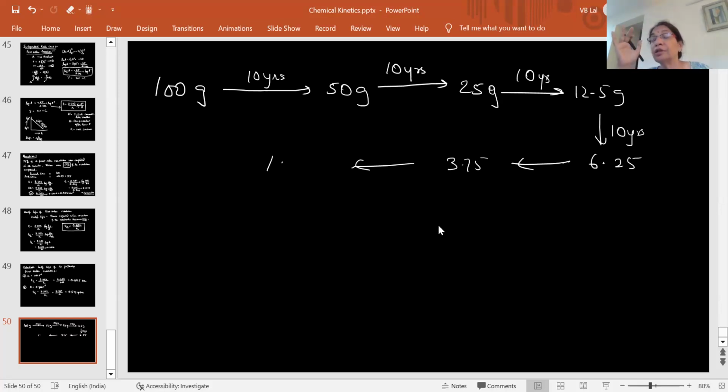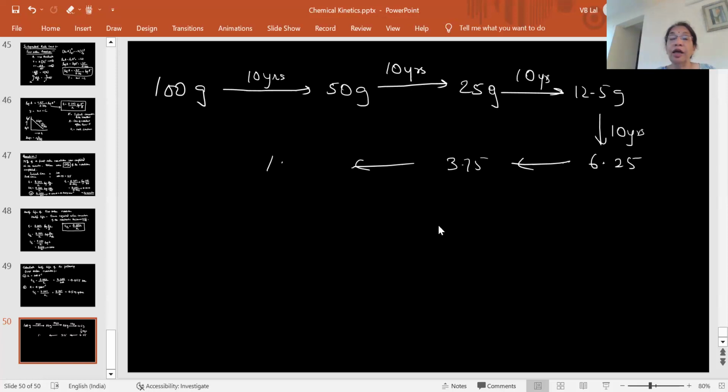Now, tomorrow also we have a class, and in that class we will do similar questions, and we are going to use the same technique for finding what happens for a zero order reaction.